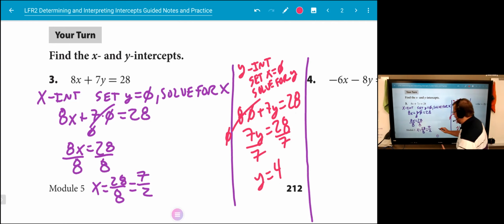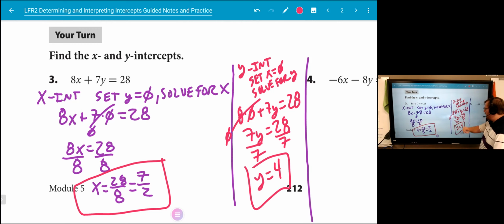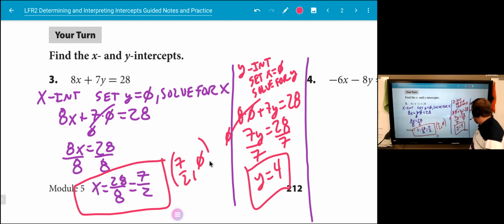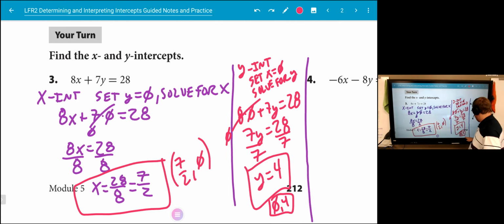So your x-intercept is 7 halves. Your y-intercept is 4. If you wanted to rewrite these, this could be 7 halves, comma 0. And this could be 0, comma 4. Let's look at number 4 here.